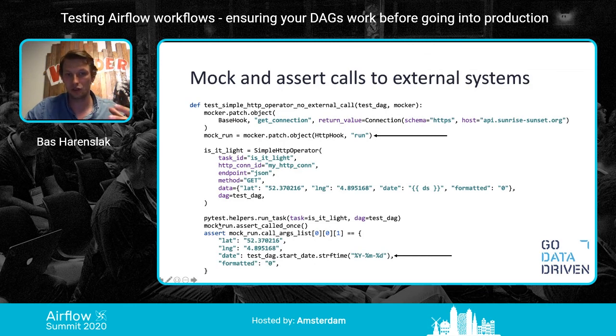So we can assert or test what has happened and what we expected the simple HTTP operator to do. So we can assert, is it really called once? And is it really called with these arguments? And in this case, the actual test is testing if DS, defined over here, was indeed replaced with the value of what was defined here.